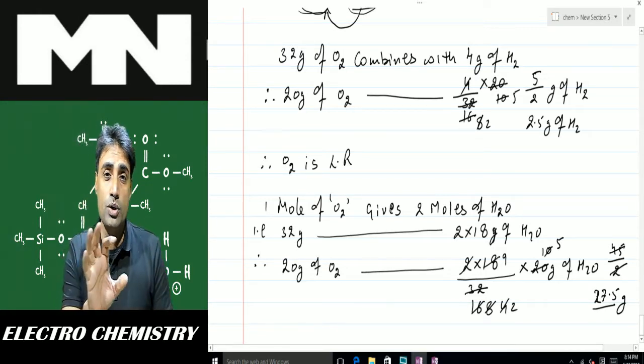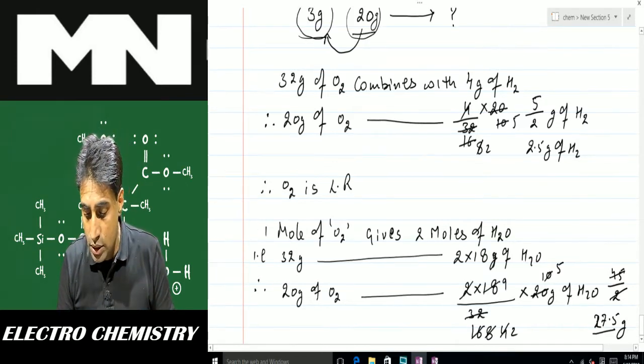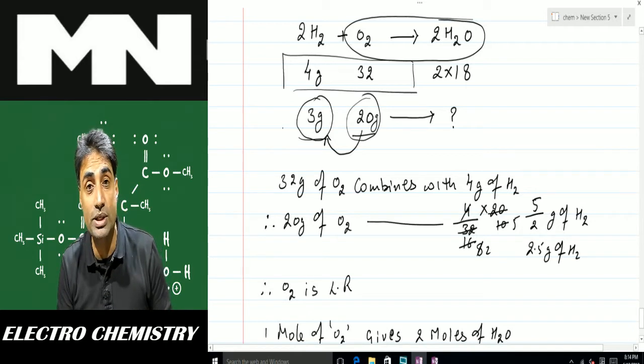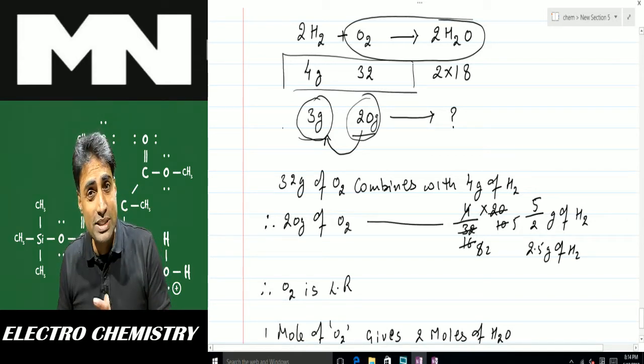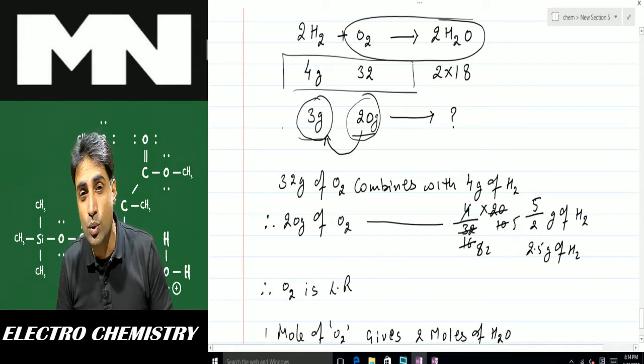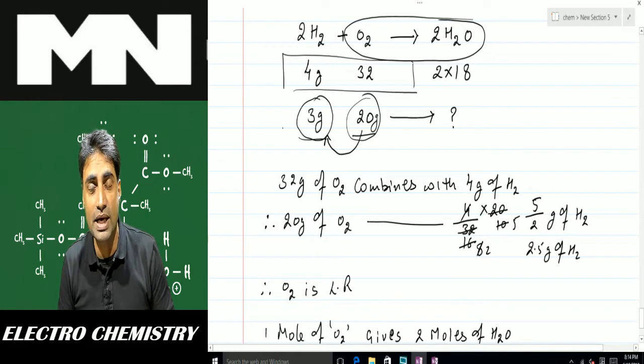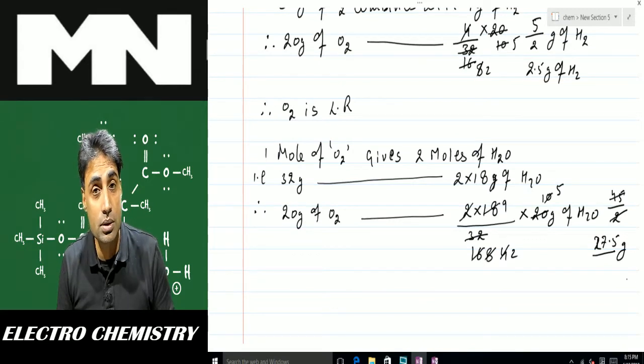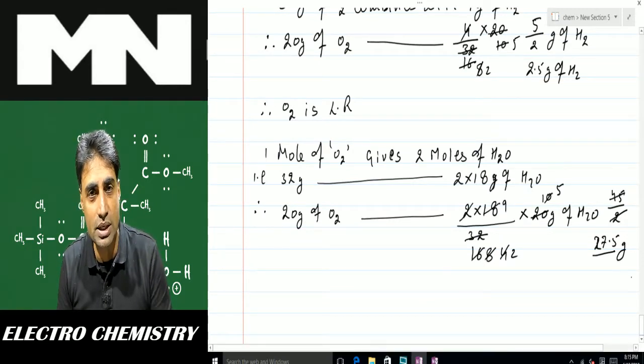I gave you the amounts in such a way that the substance which was actually looking in lesser quantity, it seemed in this equation that hydrogen is in lesser quantity because we were getting 3 grams. So we were thinking maybe it is the limiting reagent, but it is not the limiting reagent. I modified this question. That's why it took a bit of time solving the calculations in the last.